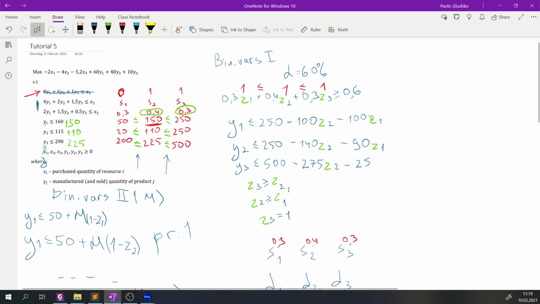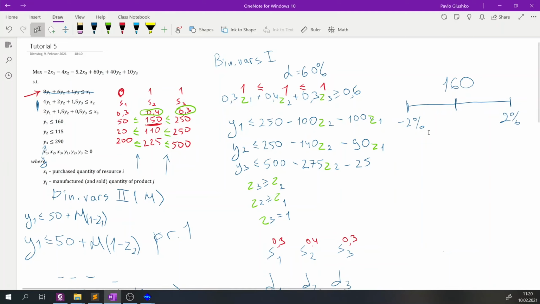It means that, for example, in the deterministic model, the demand for product 1 is 160, but now we are told that it can fluctuate in the margin plus minus 2%. So we have 160, it's something like a mean value, but it can be minus 2% and plus 2%.